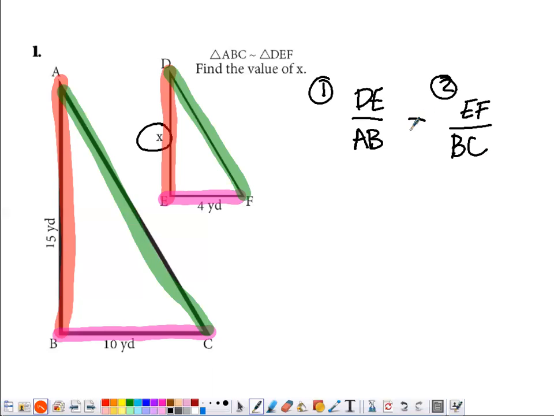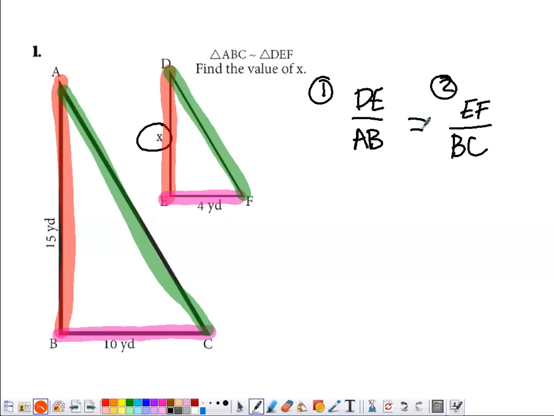Now, if we set those equal to each other, I want you to go ahead and try and plug in the lengths and solve for X on your own. Write it down right now.